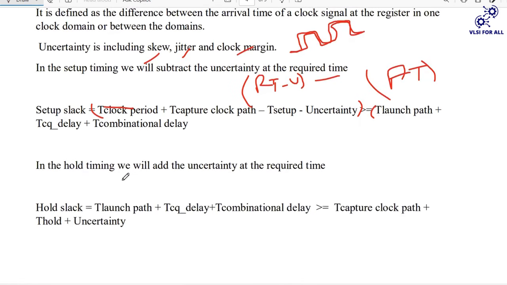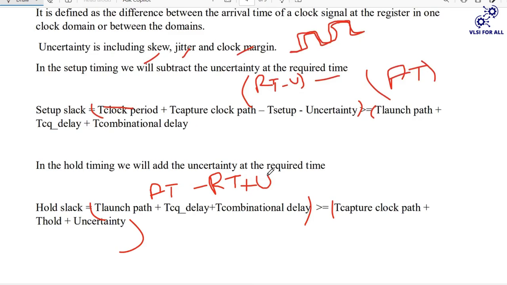For the hold slack, we add the uncertainty at the required time. The hold slack is arrival time minus required time plus uncertainty.